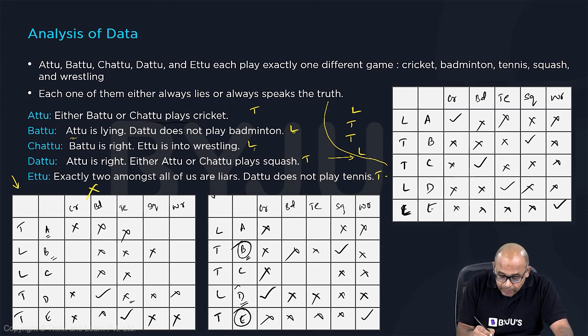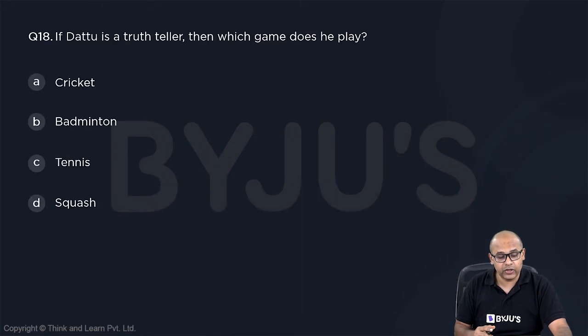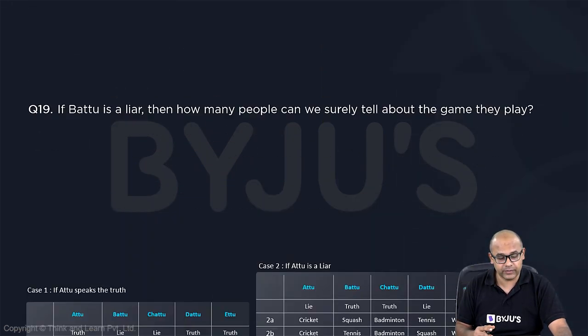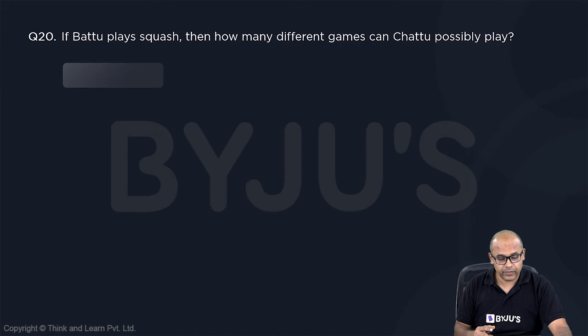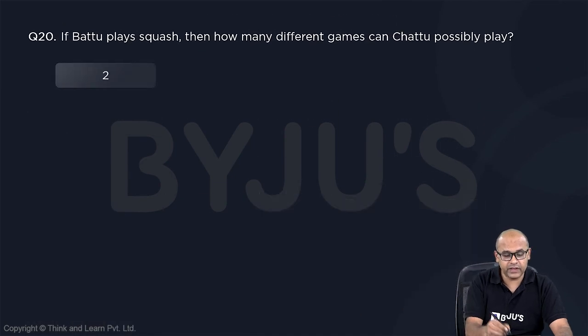But if you look at B and E, irrespective of the cases, their games are same. Because B is squash, whereas E is wrestling in both. And A and C we still don't know. While D, there are two possibilities, we don't know which of them is correct. Hence, again, the answer will be 2 for the last question. Okay, so the answer is 2.